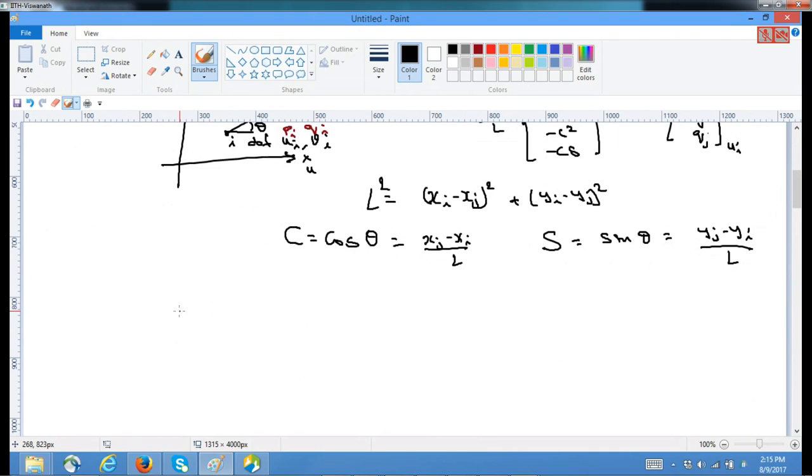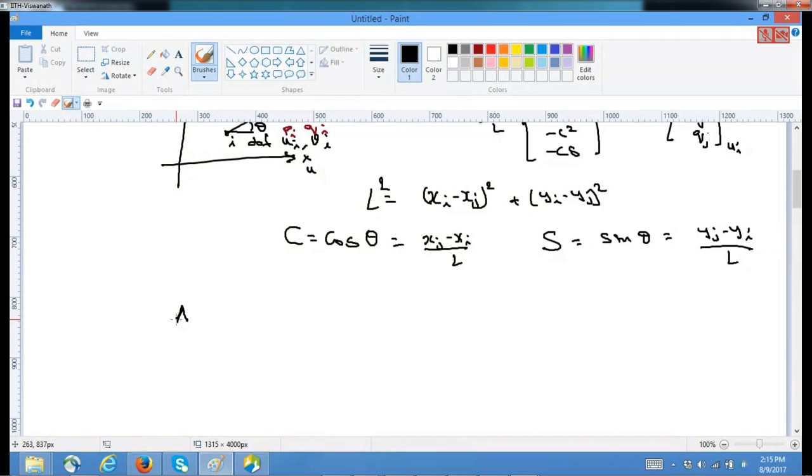One can develop the entire stiffness matrix for all 4 degrees of freedom, which will be written as c square, cs, minus c square, minus cs.